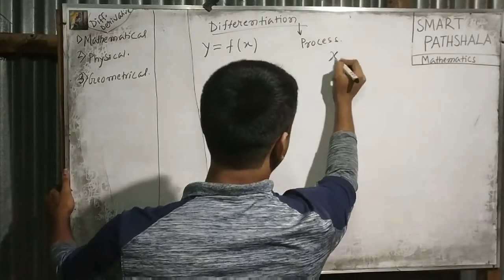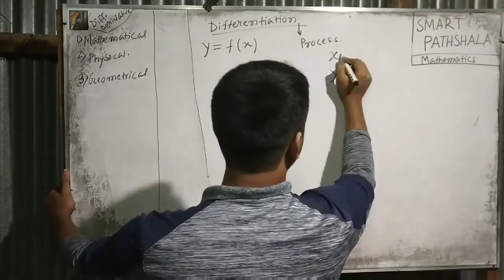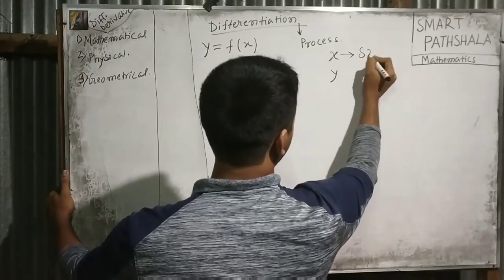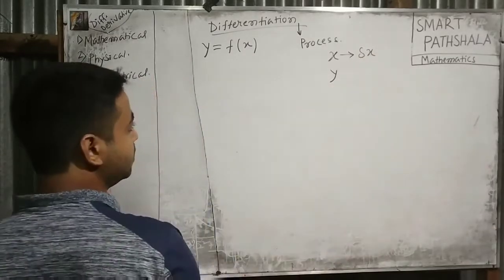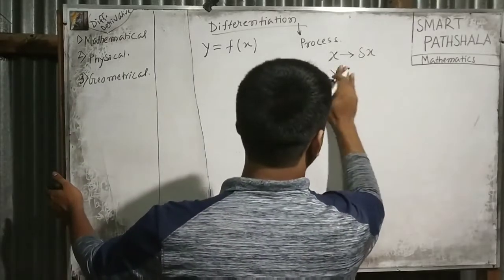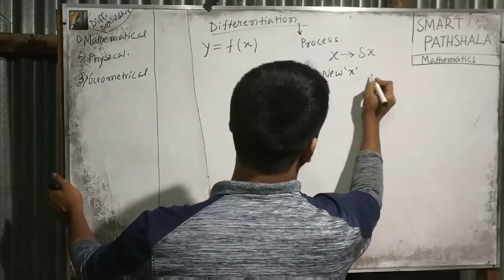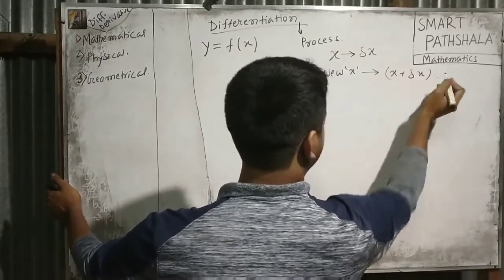We have two variables x and y. Okay? Now we increase this value of x by some amount del x, right? Del x. Okay. Now what is the new x?